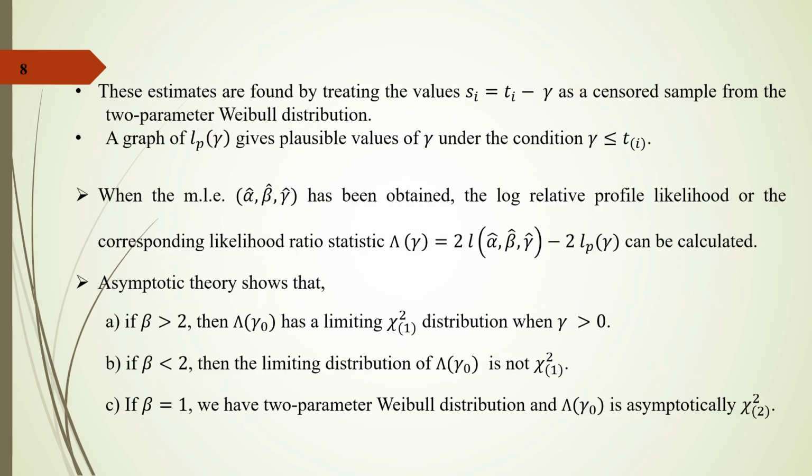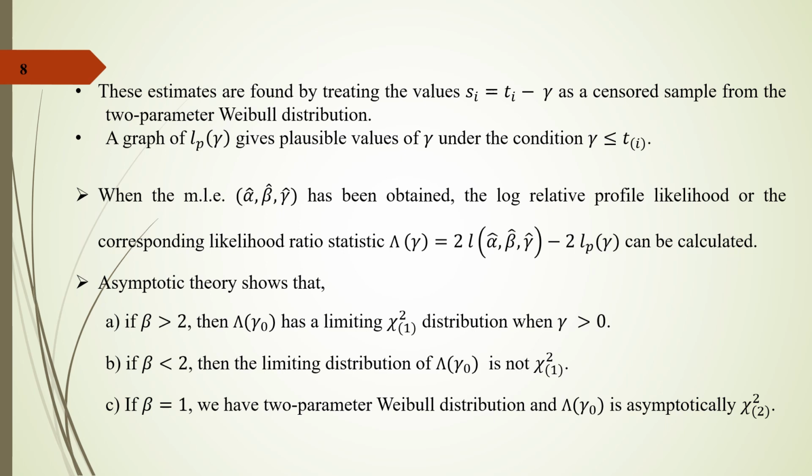These estimates are found by treating the values of si equal to ti minus gamma as a censored sample from the two-parameter Weibull distribution. A graph of the profile likelihood function gives plausible values of gamma under the condition gamma less than or equal to t1. When the maximum likelihood estimates of alpha cap, beta cap, gamma cap have been obtained, the log relative profile likelihood or the corresponding likelihood ratio statistic can be calculated.